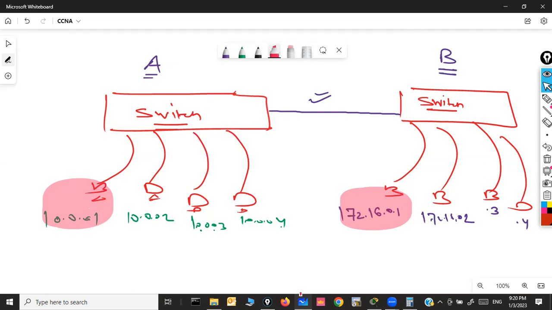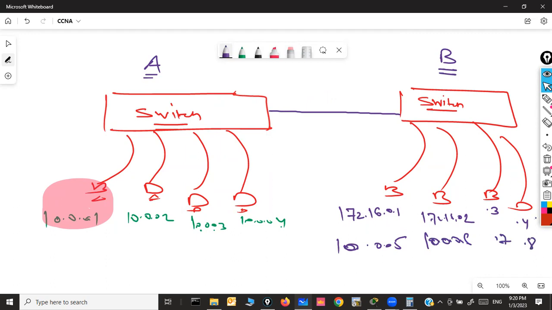So the question here is why we don't assign IP addresses from the same network. Why assign 172.16.0.1, .2, .3, .4? Why not assign IPs like 10.0.0.5, 10.0.0.6, 10.0.0.7, 10.0.0.8?